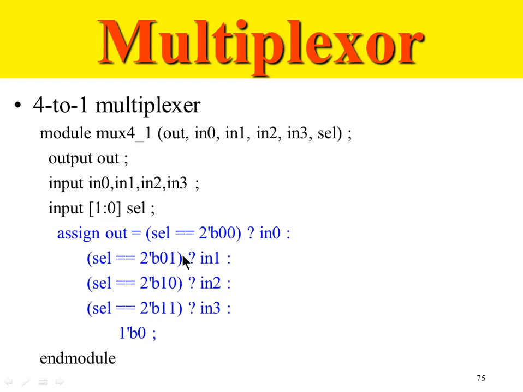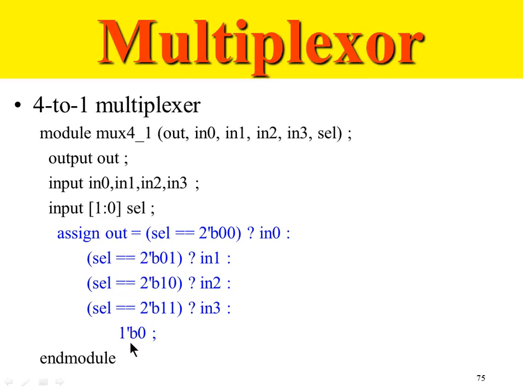The way this works: 2'b00 is pronounced 2 tick B, a 2-bit binary number 00. If select is 00, in0 goes to output. Else, if select is 01, in1 goes to output. Else, if select is 10, in2 goes to output. Else, if select is 11, in3 goes to output.